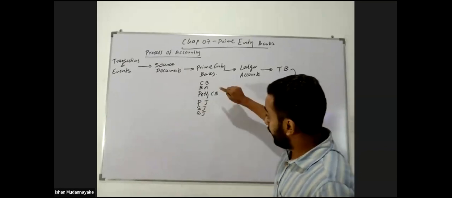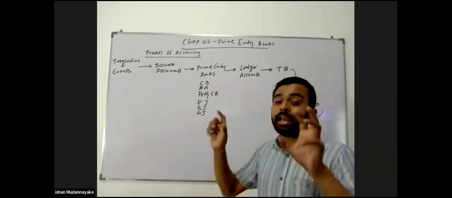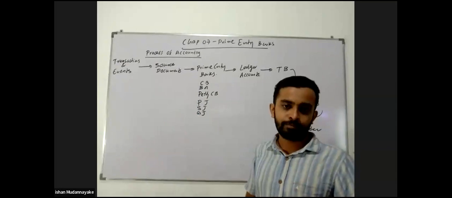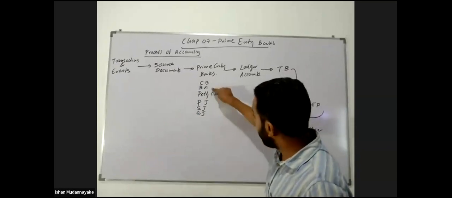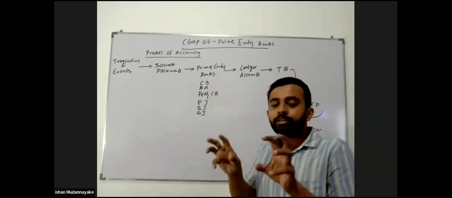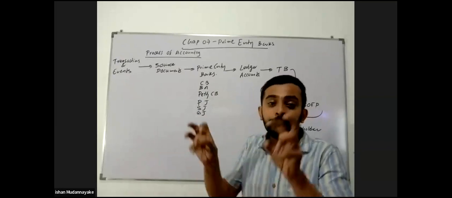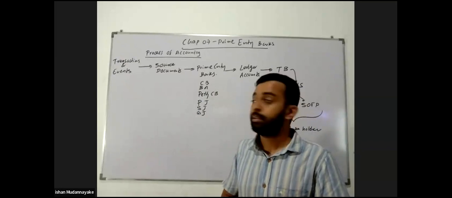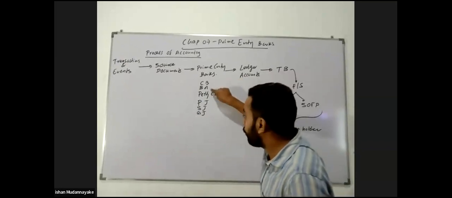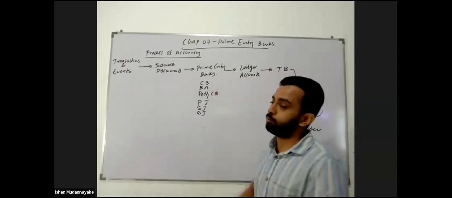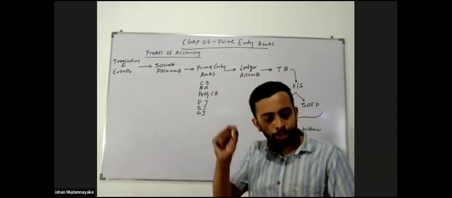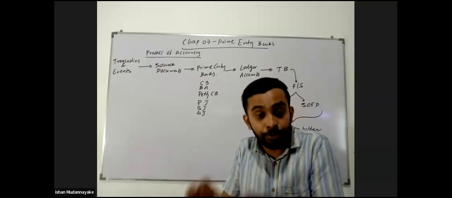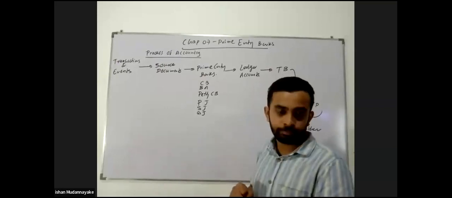In the cash book, we record all the cash transactions of the business, cash inflows and cash outflows. Then, in the bank account, we can record transactions conducted with the bank. The bank account is also similar to the cash book. No need to put extra effort into learning the bank account.